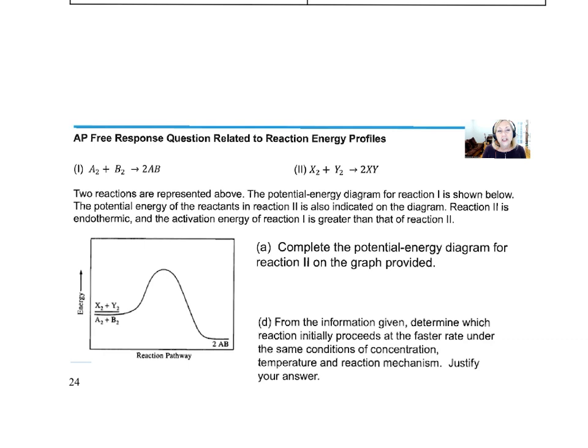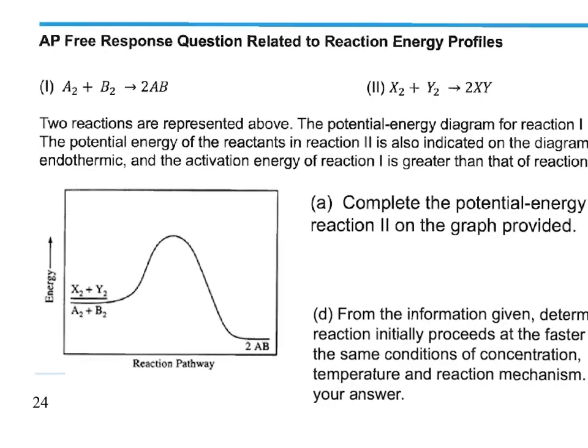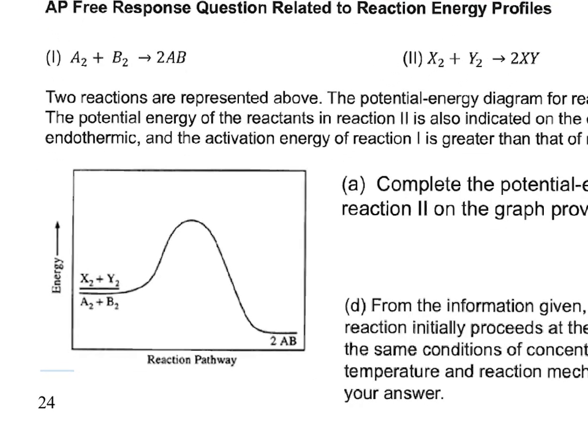Reaction 2 is endothermic, and the activation energy of reaction 1 is greater than that of reaction 2. So I need to complete this. So they start me off right here for reaction 2. I'm going to do this in red.